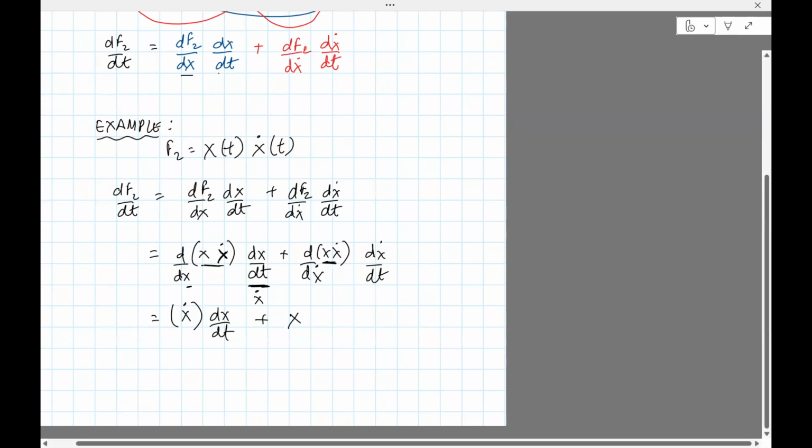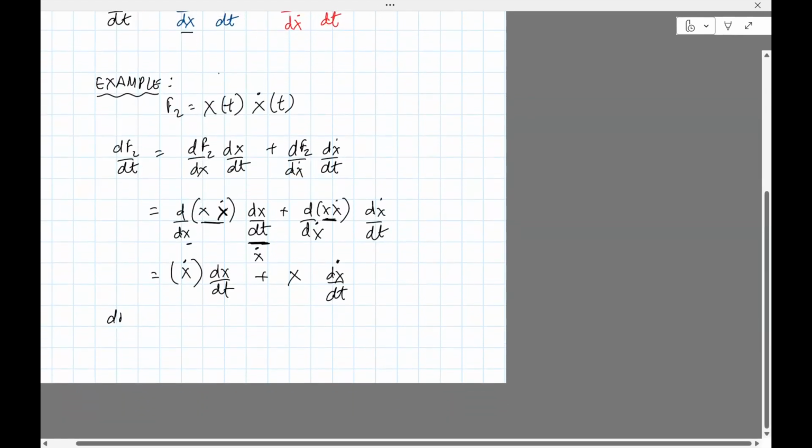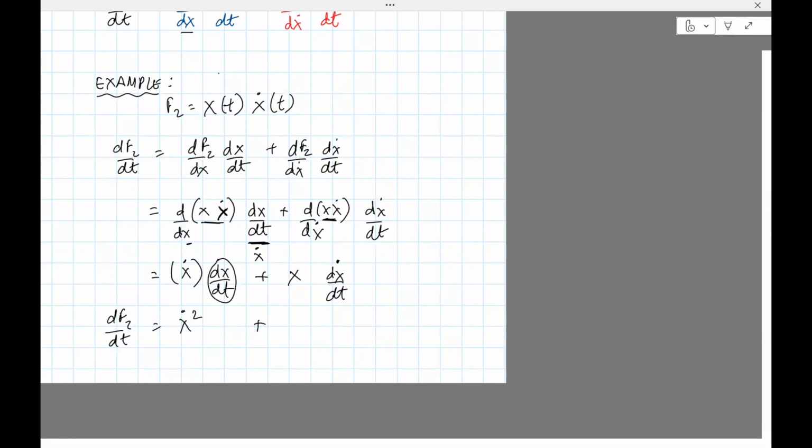So that will be x times dx dot dt. Okay, so to finish this, dx dt is nothing but x dot. So it's x dot squared plus the rate of change of velocity. So dx dot dt is nothing but acceleration. So x times x double dot.